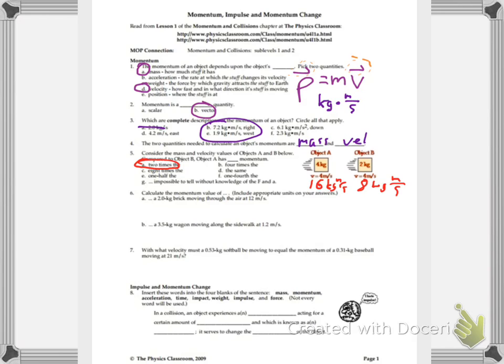Number 6, we're just calculating some momentum here and including our units. So remember, momentum is mass times velocity. So my momentum will be 2 kilograms times 12 meters per second. So this brick has a momentum of 24 kilogram meters per second.